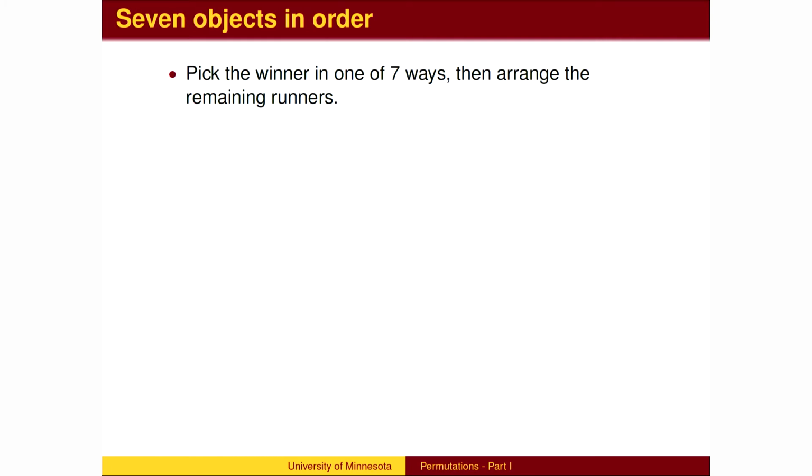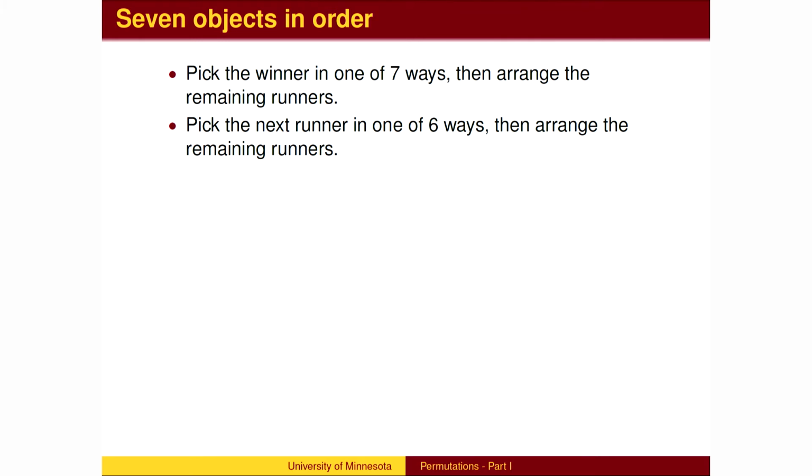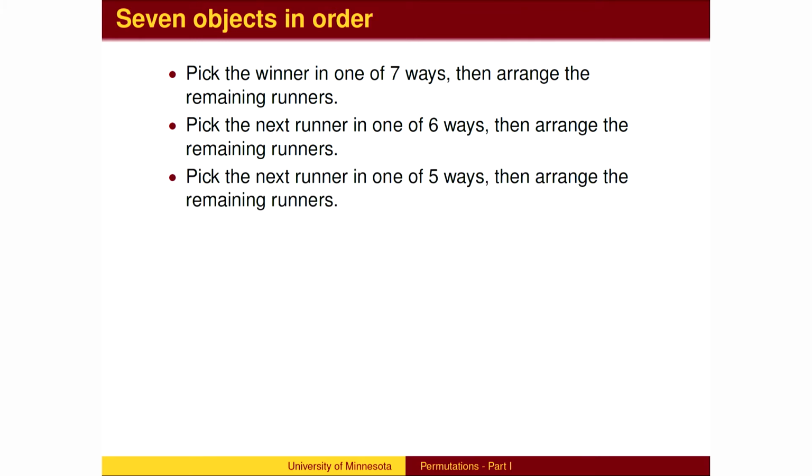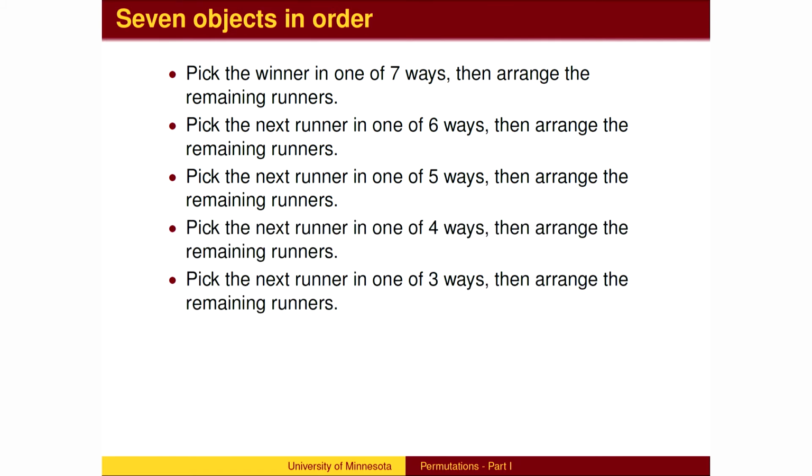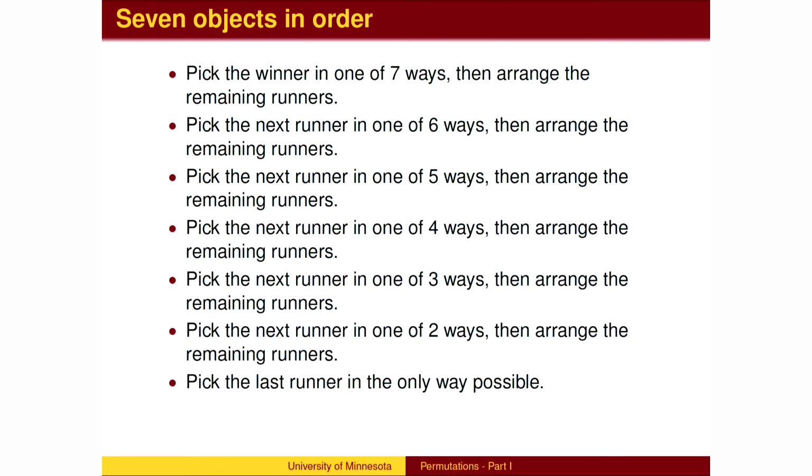To place 7 runners in order, we first pick the winner in one of 7 ways and repeat the process. We next pick the second place runner in one of 6 ways. Each successive selection has one fewer choice until we have arranged all the runners.